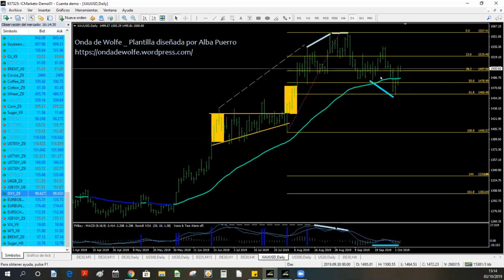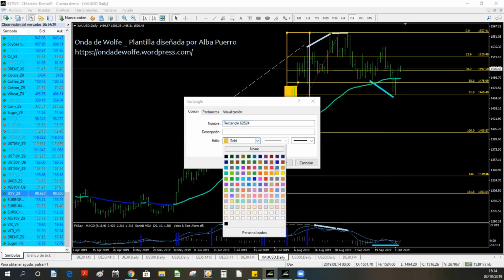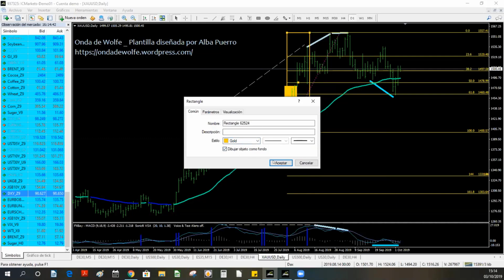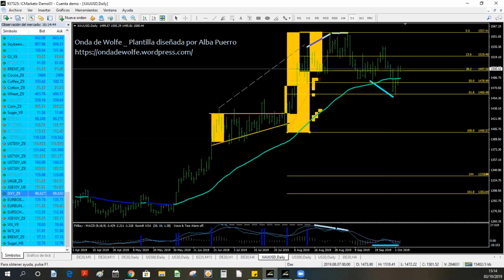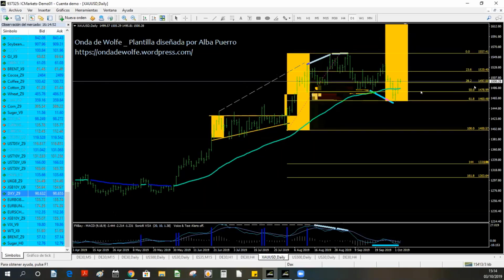This is a good support for the Fibonacci, and if I project the Fibonacci from where it bounced, it is a very big bullish impulse for gold until 1,612, more or less. Here's a good area to take profits.